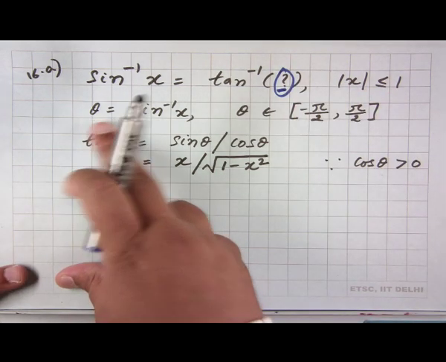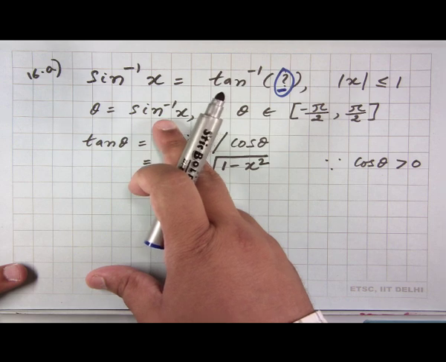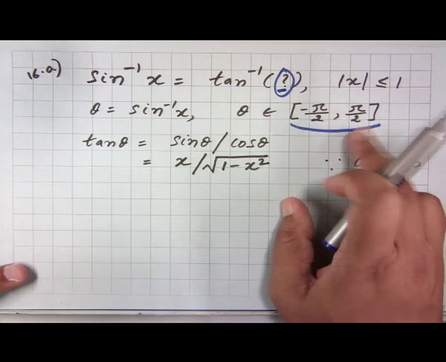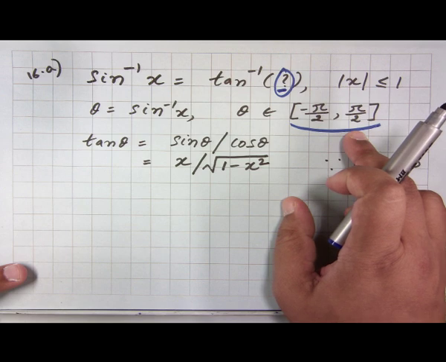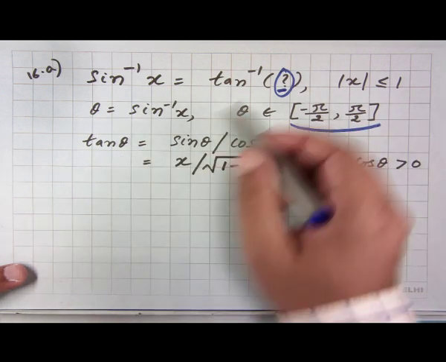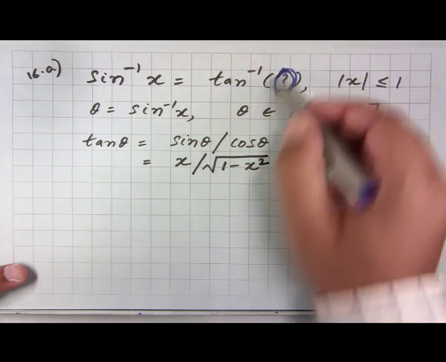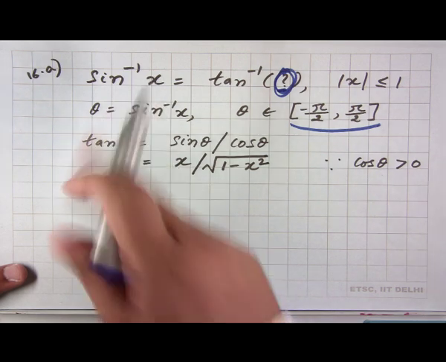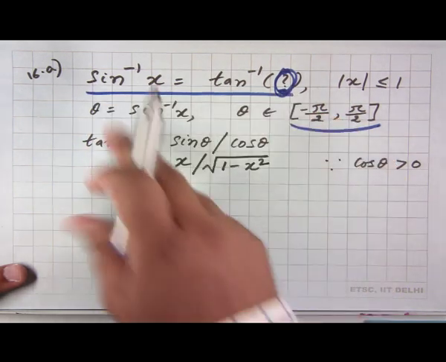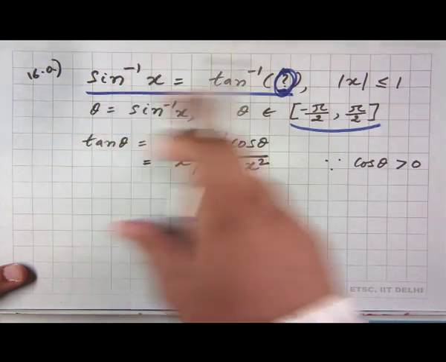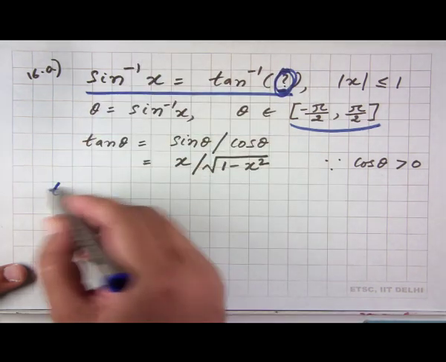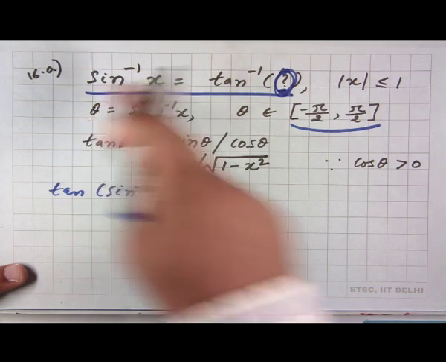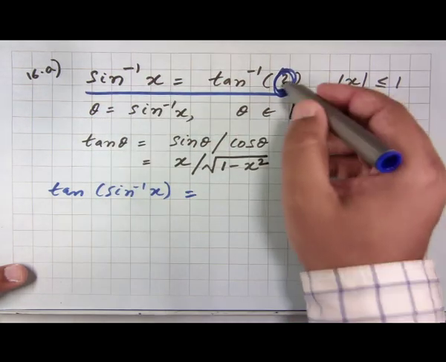Let us say that theta is equal to sin inverse x. Then obviously theta belongs to the range of sin inverse, which is minus pi by 2 to plus pi by 2. Since we want to find this unknown thing, we are interested in finding tan of sin inverse x, because if I take the tangent function on both sides of this equation, I end up getting tan of sin inverse x equal to this unknown thing.